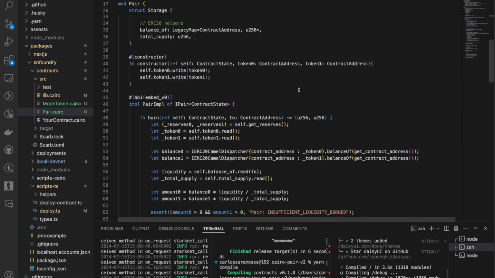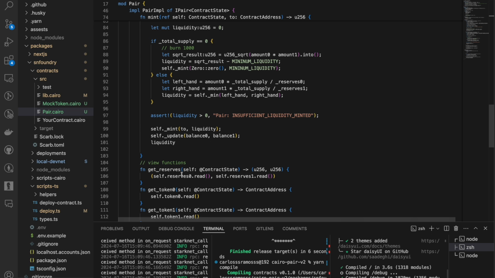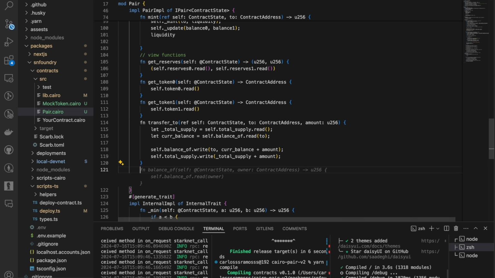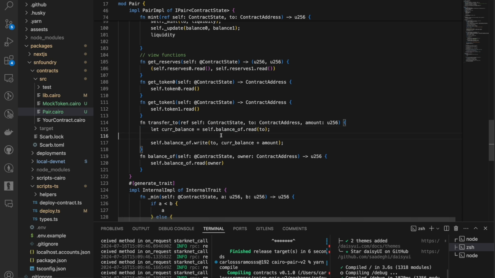Right, we're going to do this. It's a minimal version of an ERC20. All right, so the supply keeps the same, current balance keeps the same. Oh, supply doesn't change.